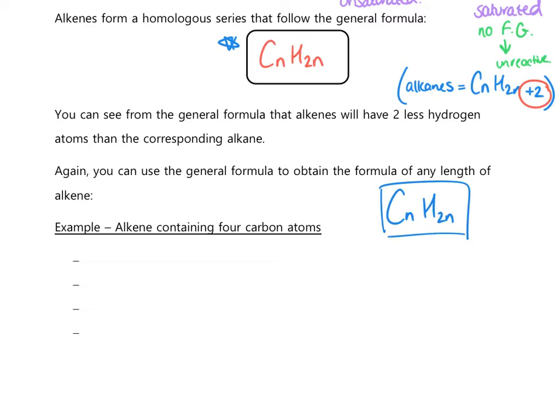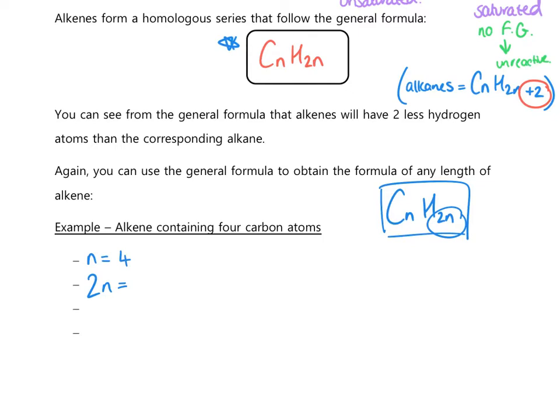So if it contains 4 carbon atoms, then N is going to equal 4. So if N is equal to 4, that gives us the number of carbon atoms, but we need to work out how many hydrogen atoms we have, and we can see that is given by 2N. So there's twice as many hydrogens as there are carbons within alkenes.